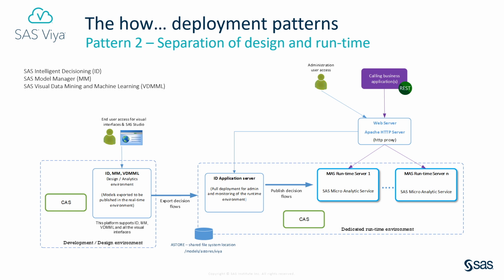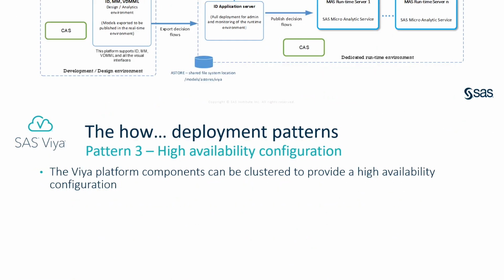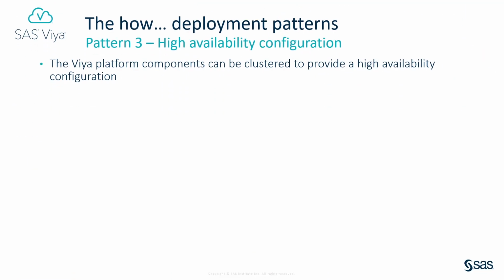The third pattern that I'd like to discuss is using a high availability configuration. Given that the runtime platform or the analytics are being embedded or integrated with business processes and applications, this typically means a higher level of availability is required.